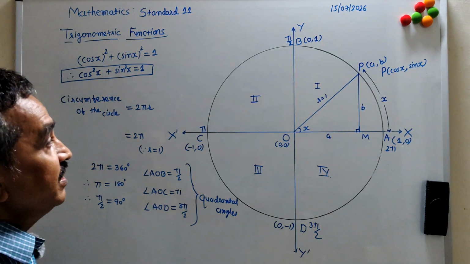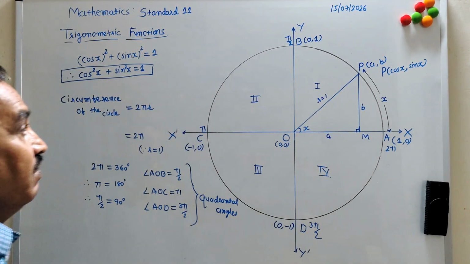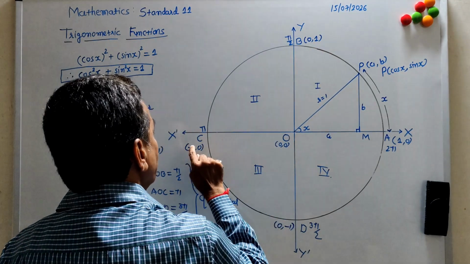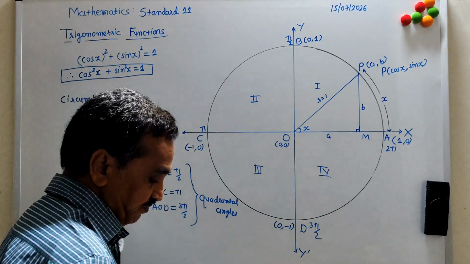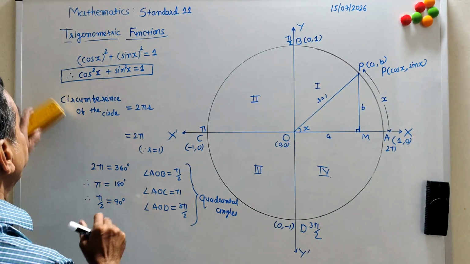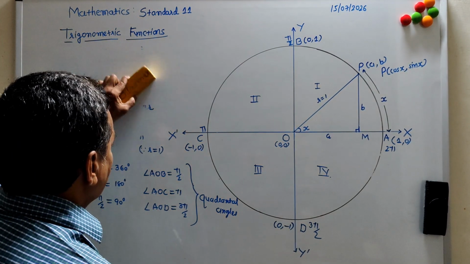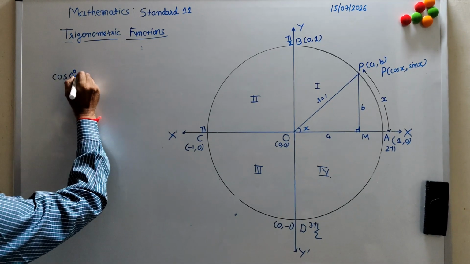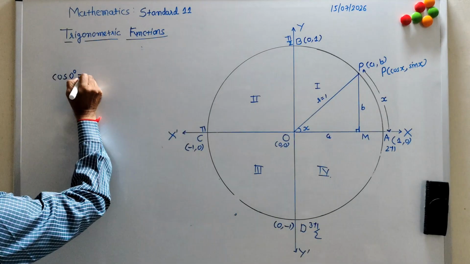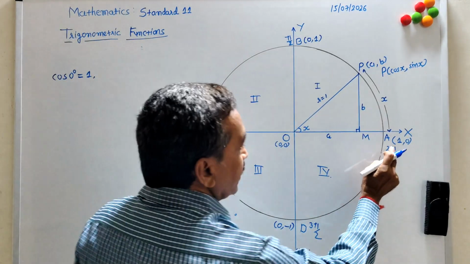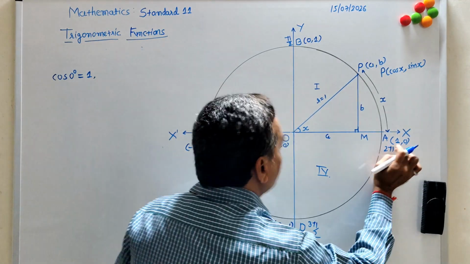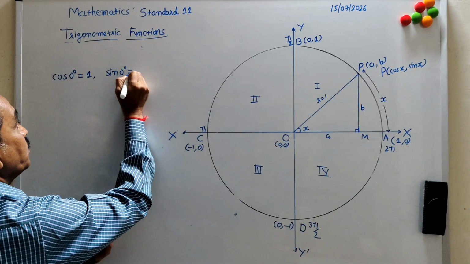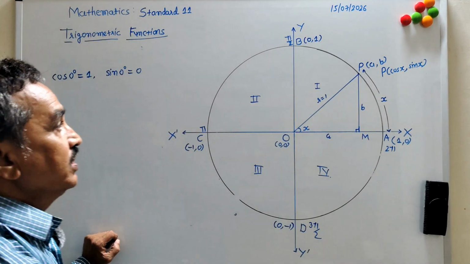Now we can easily find the coordinates of B, C, D and A. So let me write. cos 0 is equal to 1 and sin 0 is equal to 0.